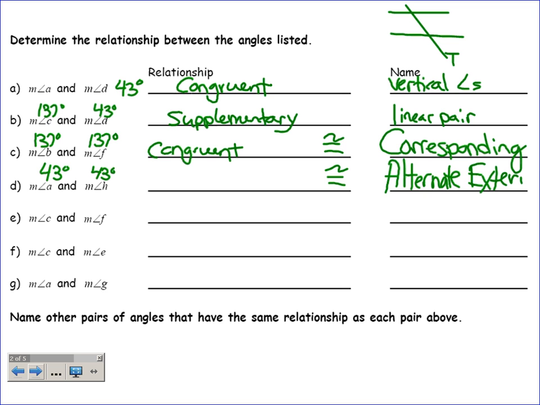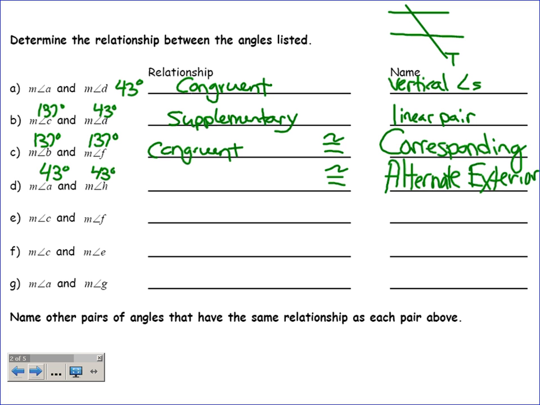I always think of a house whenever I hear this. There's the interior of the house, the inside, and there's the exterior of the house, which is the outside. Alternate means opposite. So like one's here, then it alternates to the other side. And then they're on the outside of the parallel lines as opposed to between the parallel lines. So they're called alternate exterior. Sweet. And those are always congruent.